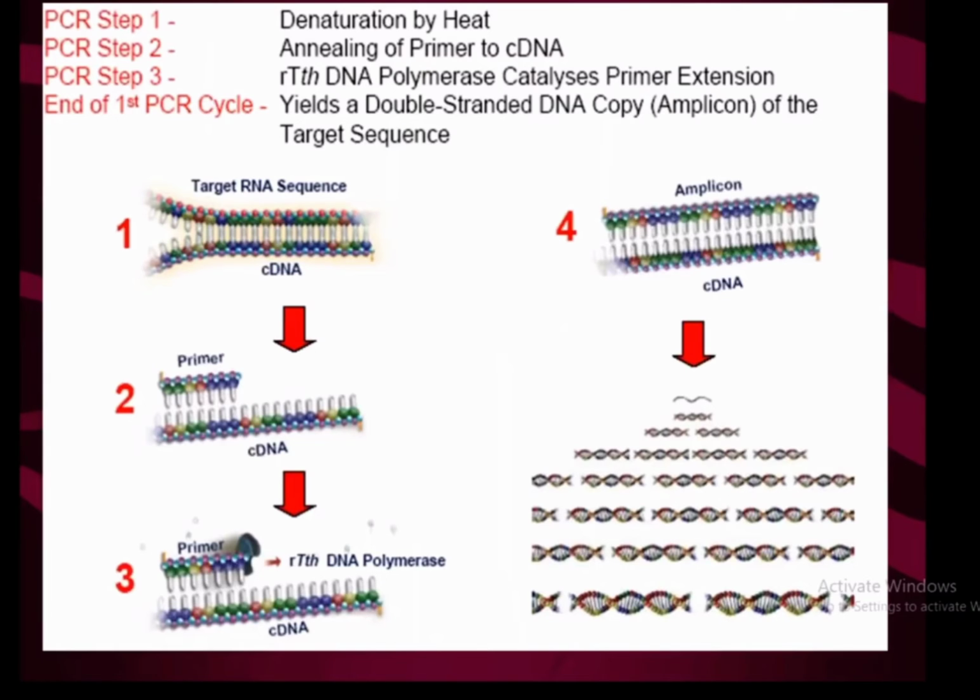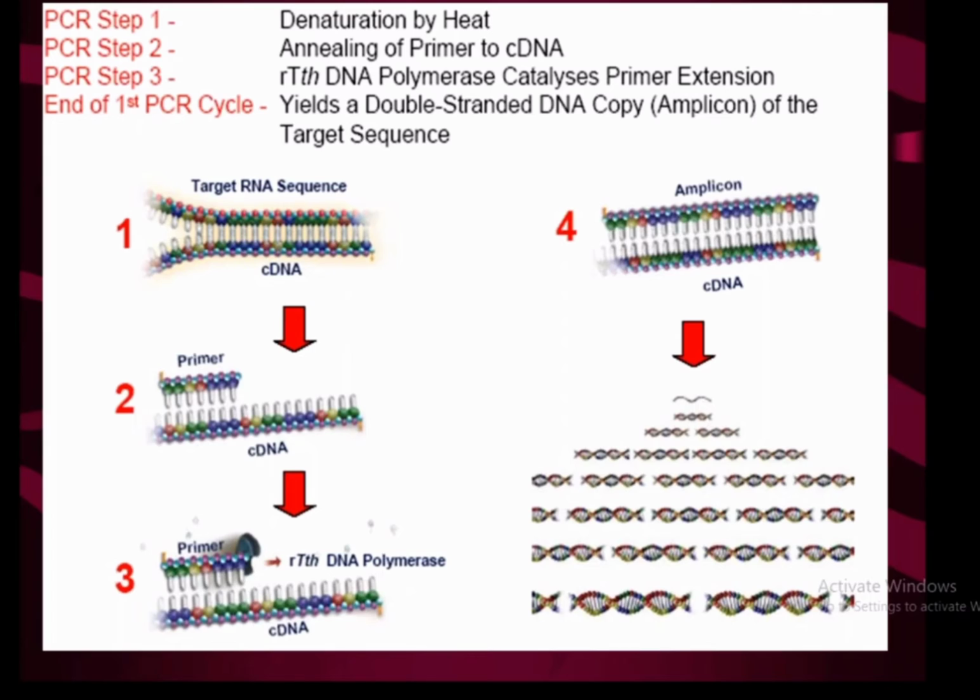The end result would be that you get an RNA-DNA strand. The Taq polymerase which we use for RNA has three properties. It has RNA-dependent DNA polymerase activity, then exonuclease activity, and third, DNA-dependent DNA polymerase activity. So in the first step, you use RNA as a template. The primers will add to it.